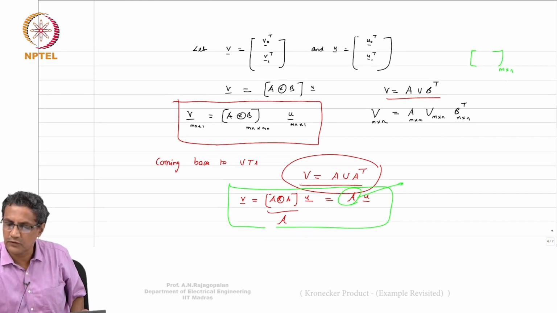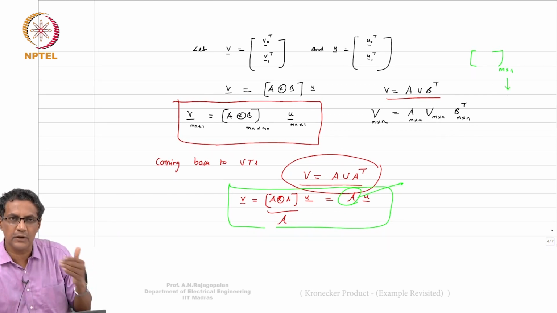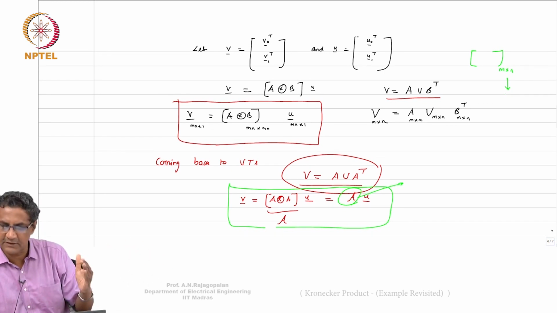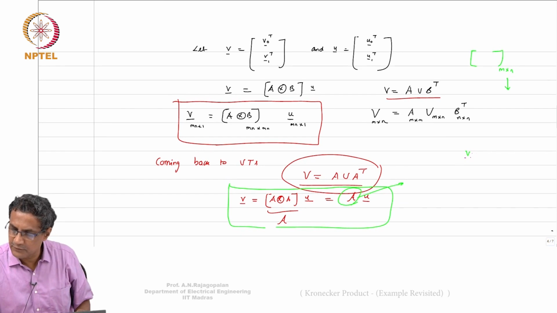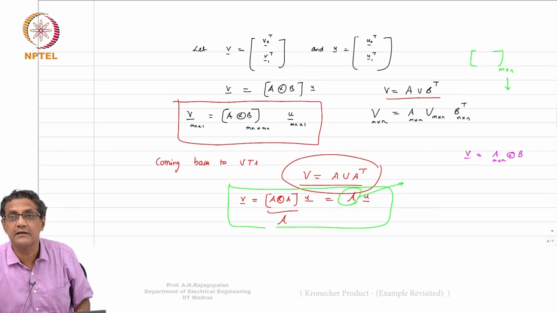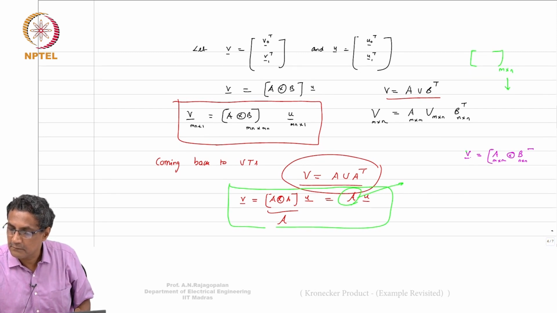If I wanted to go from 1D to 2D, I would say V is A, which is of size M cross M, Kronecker B, which is of size N cross N, multiplying U.